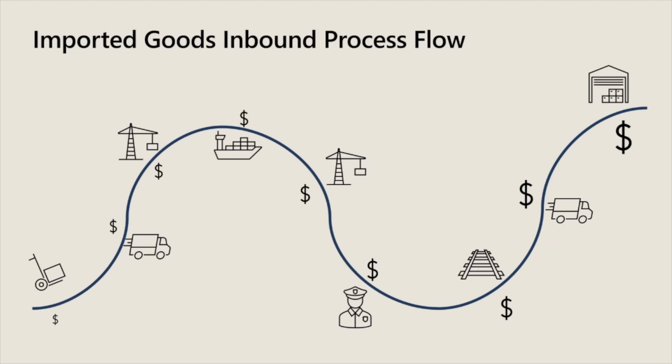They might then get loaded onto a train or a local transport to arrive at the warehouse. So you can see throughout this graphic that cost may be getting incurred for those goods throughout that journey.